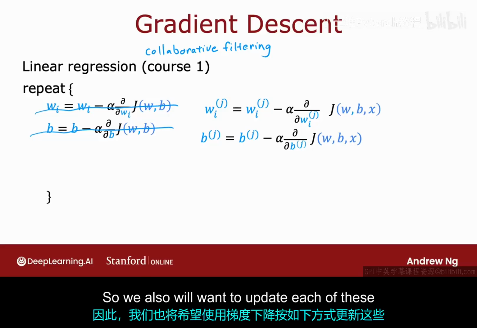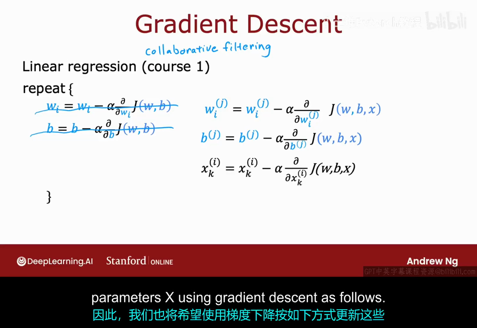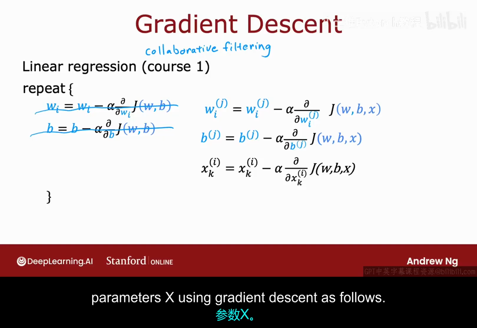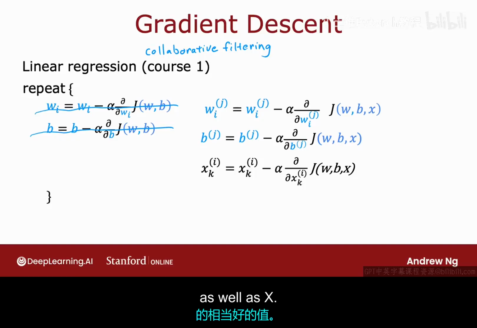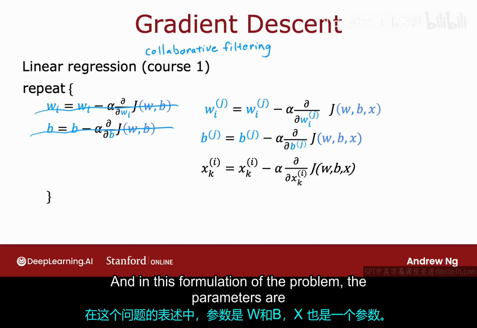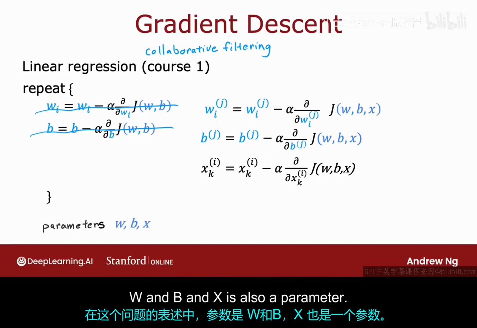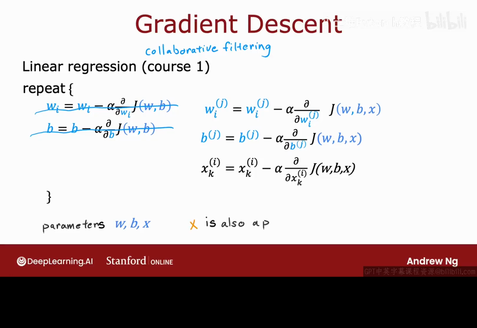So we also will want to update each of these parameters, x, using gradient descent as follows. And it turns out that if you do this, then you will actually find pretty good values of w and b as well as x. In this formulation of the problem, the parameters are w and b, and x is also a parameter.